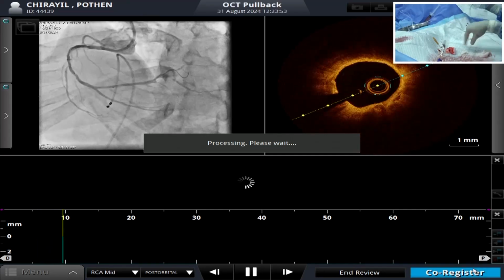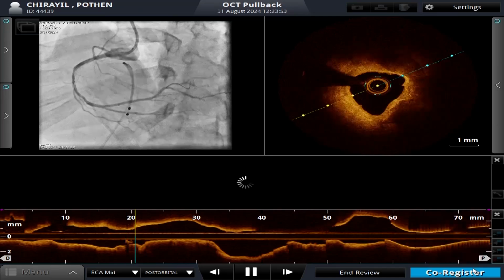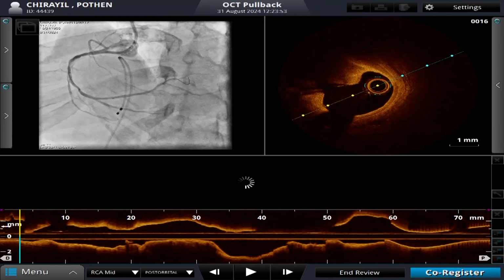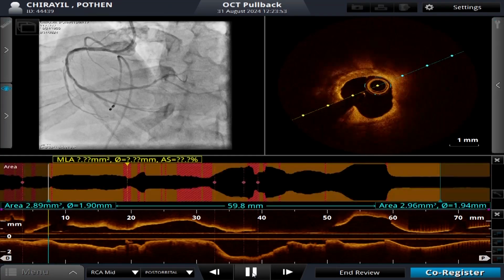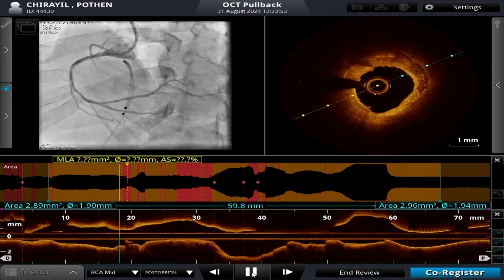Now get the balloons also. 3.5 by 12 or 10. 3.5 by 12. Get a 7.5 glove also ready.